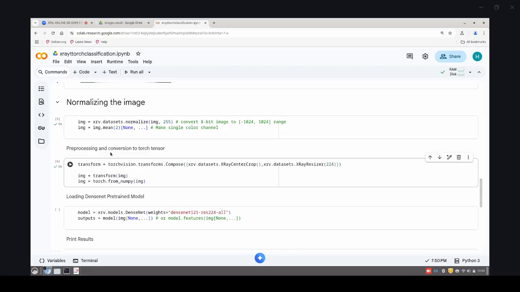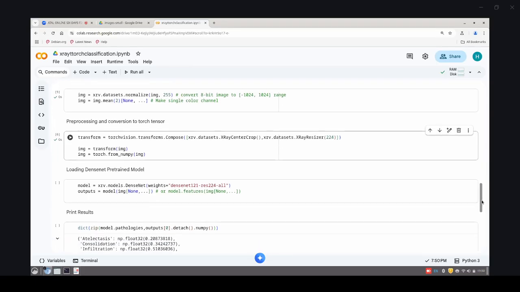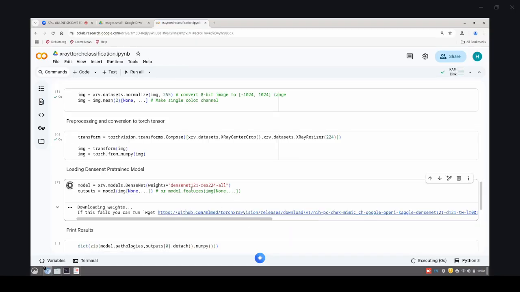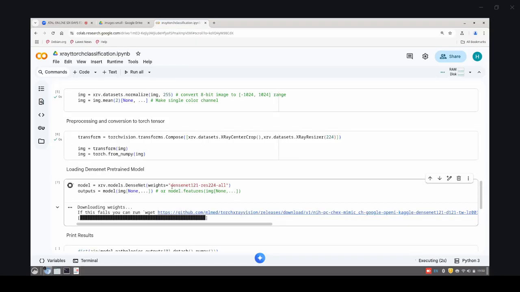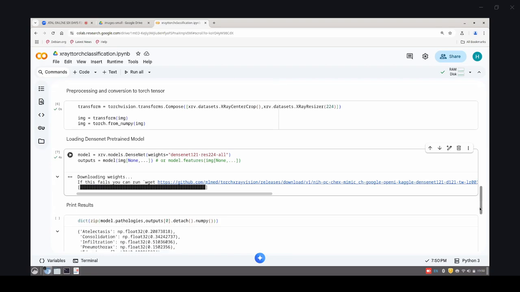Then I will apply transformations like resizing to 224 cross 224, then I'll load my weights. So here, like AlexNet, I am loading a neural network called DenseNet 121 with 121 layers.